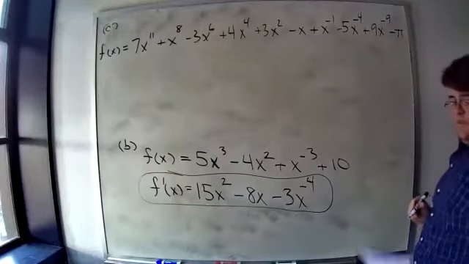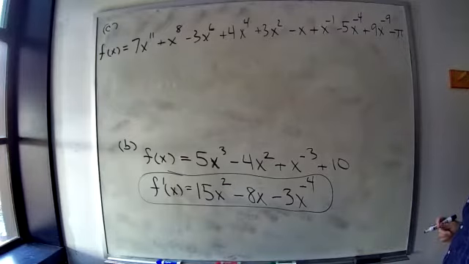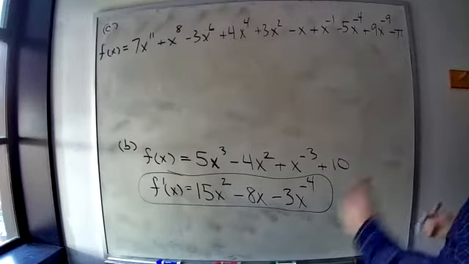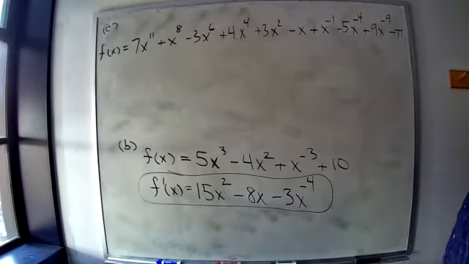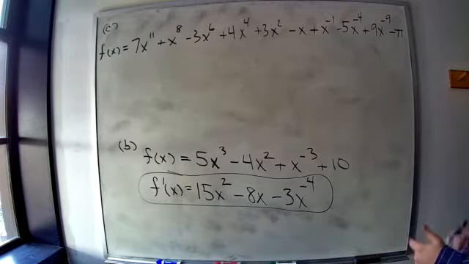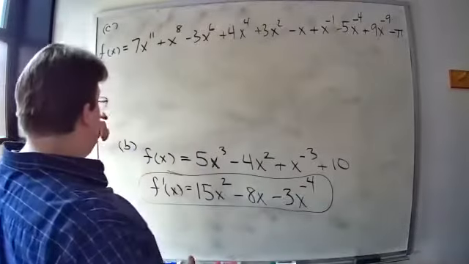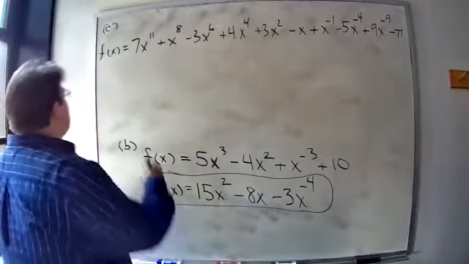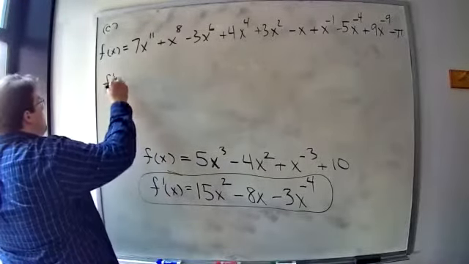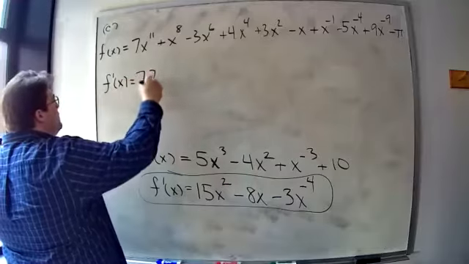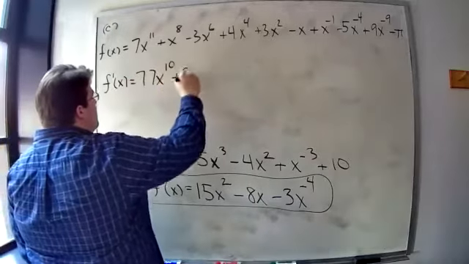So this problem combines everything we discussed in parts A and B, with a lot of writing. So here we're going to have 1, 2, 3, 4, 5, 6, 7, 8, 9 power rules it looks like. So I'm just going to write this answer, and then you can compare it to the answer that you got. So f prime of x, 77x to the 10.